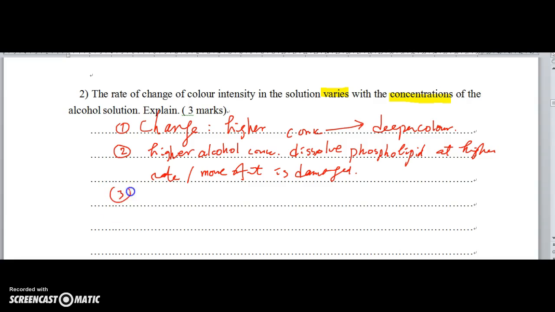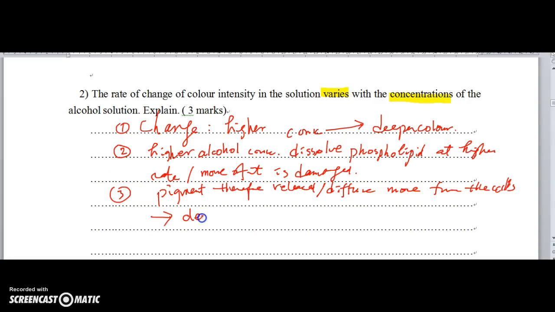So due to that, the pigment is released or diffuses more from the cell. Therefore, it develops a deeper color. And of course, you may say more pigment diffuses out from the cell, so it leads to a deeper color.